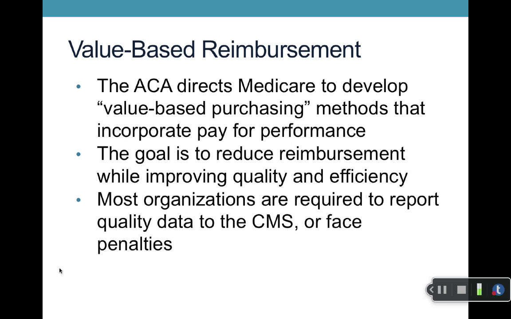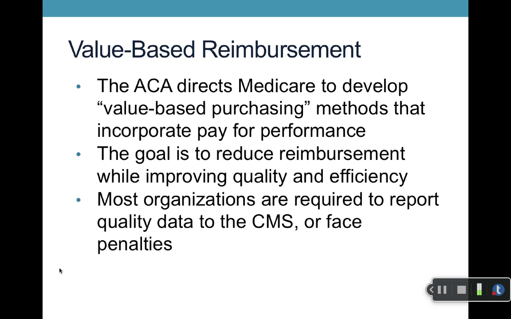So what we see in value-based reimbursement, which is really the move that the reimbursement model is going toward, Medicare developed what we see as sort of value-based purchasing methods that incorporate pay for performance. So it's about the value that you're getting for what you're paying for the service, not just the volume.